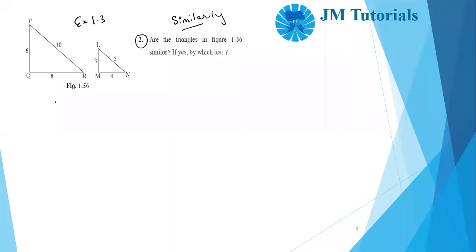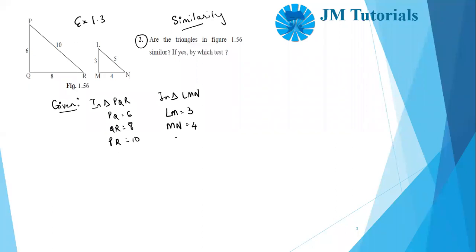Yesterday I told you. So basically again, I will always want you all to write given. What is given? In triangle PQR, PQ is equal to 6, QR is equal to 8 and PR is equal to 10. And in triangle LMN, LM is equal to 3, MN is equal to 4 and LN is equal to 5.